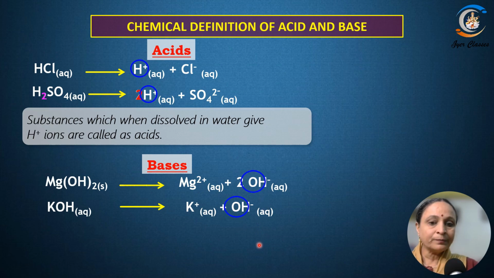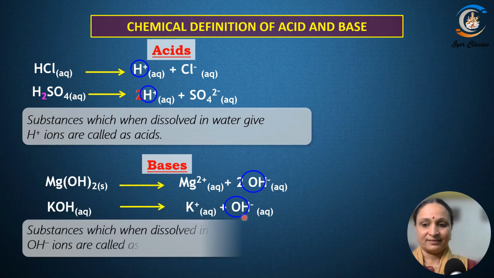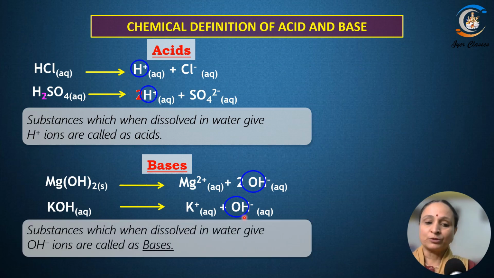Now you can see that these OH minus ions show that it is a base. So if a substance, when dissolved in water, gives you OH minus ions, these are called bases. So if H plus ions, then acid, and if OH minus ions, then it is a base. So now you know what acids are and what bases are, right?